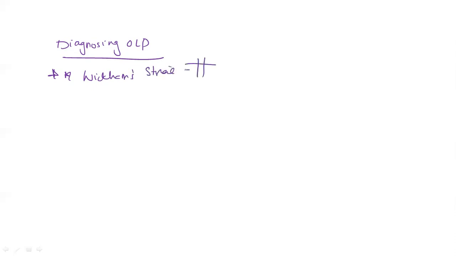Now about diagnosing. So about diagnosing oral lichen planus, one of the important things I explained is Wickham's striae. All right, so if you see reticular lesions and if it's bilateral and symmetrical, then it is a reticular form of oral lichen planus. But if you see isolated lesions, then best option is to go for biopsy.